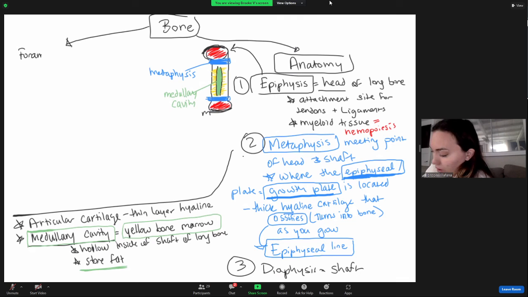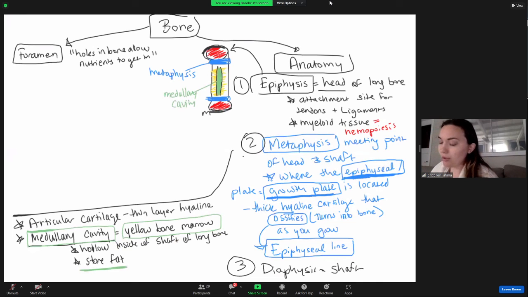So for our foramen, these are holes in the bone that allow nutrients to get in. This is because your bone is very hard. Remember, it's made of the hydroxyapatite, if you remember from last lab exam. So there are 3 different foramens, each going into an area of the bone.